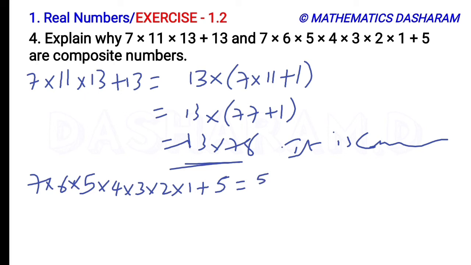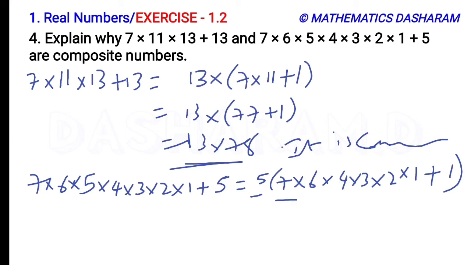Next, 7 into 6 into 5 into 4 into 3 into 2 into 1 is one number, 5 is another number. In both we can take 5 common, so 5 into bracket of 7 into 6 into 4 into 3 into 2 into 1, and here 1 will be there. No need to simplify this, but it is written as a product of other two numbers, one is 5, another is the bracket value.